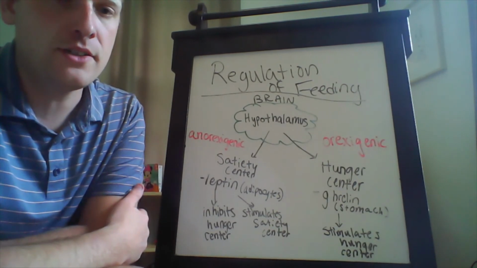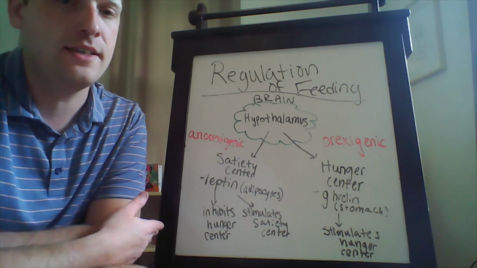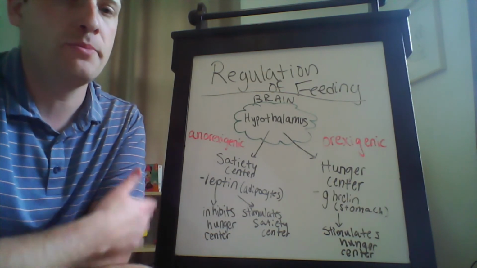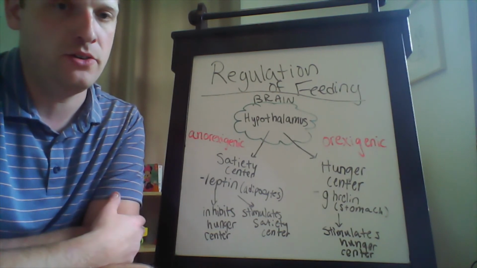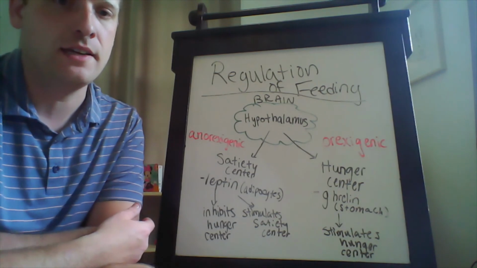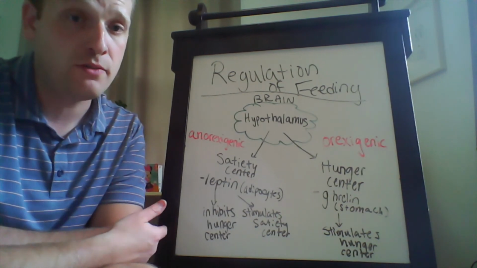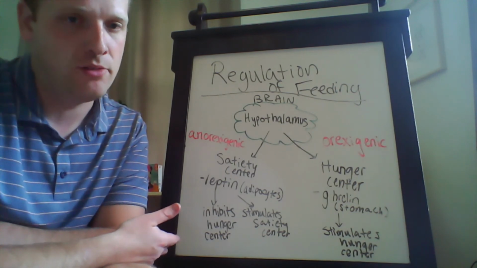So now I'd like to talk about the regulation of feeding. What is controlling your mind to tell you whether or not you're hungry, whether you need a meal or not? So it's actually going to be based on nervous impulses from your brain, specifically in the hypothalamus.